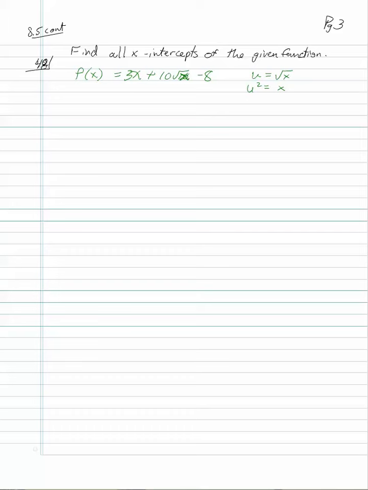Now remember, to find x-intercepts, we're going to let y equal 0, which is the f of x, and solve for x. So we're going to let f of x equal 0, and we're going to solve for x.